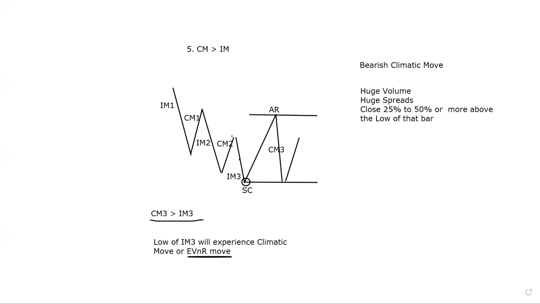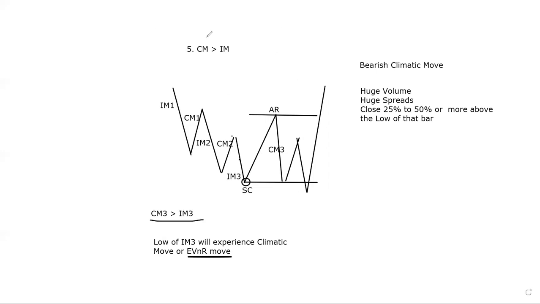After the secondary test, we have what? Maybe a spring. After the spring, we just go up. Once we draw this channel, during this type of move, you will most often experience rounding SOT. This is a common feature.